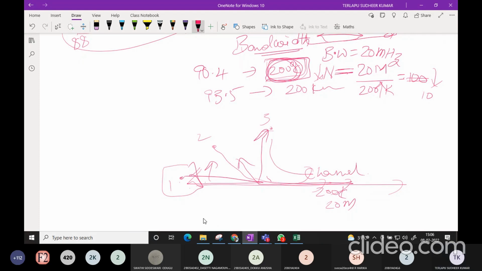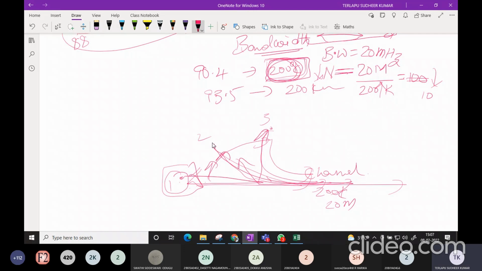After your turn, the switch moves to the second user. He also can transmit all the frequency, infinite bandwidth frequency. Then the switch is moved to user 3. He can transmit all the frequency. The advantage here is you can transmit infinite bandwidth. Can anyone tell me what is the disadvantage here?